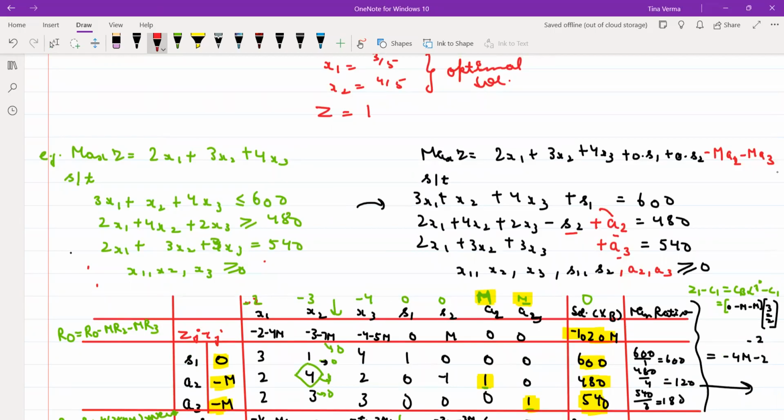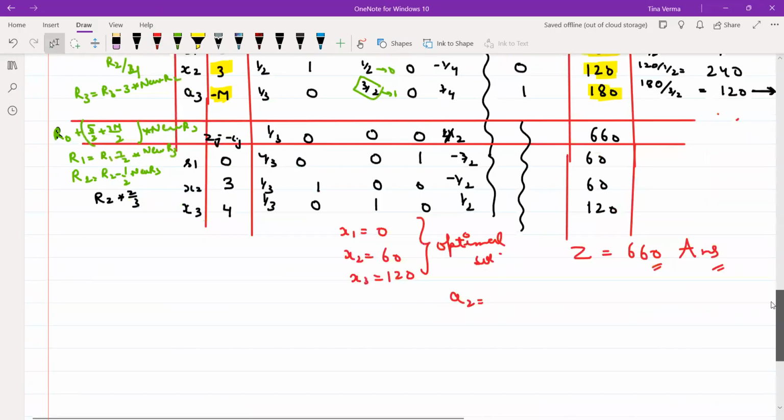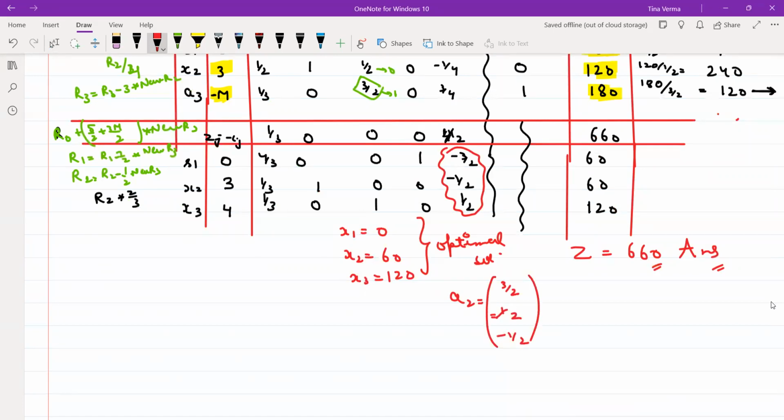So whatever your S2 column will be, the A2 column will be the opposite, the negate of this. This is the column of your S2. So the A2 column, if you performed the operations, would also come out as 3/2, 1/2 and -1/2. This is the column of your A2. Okay, thank you.